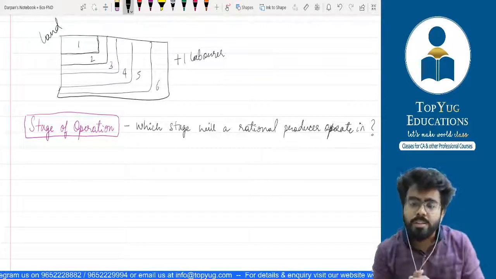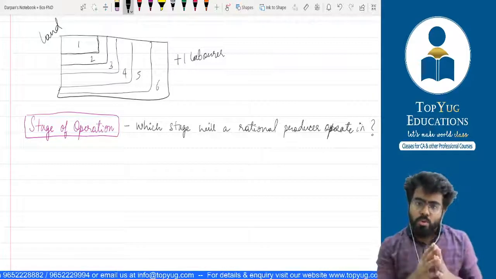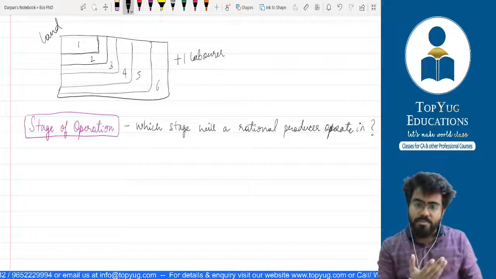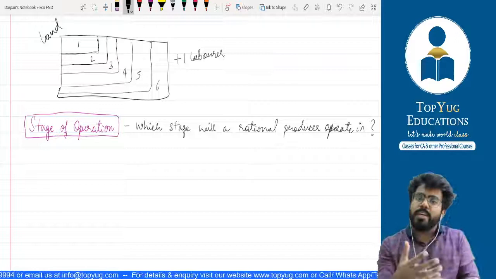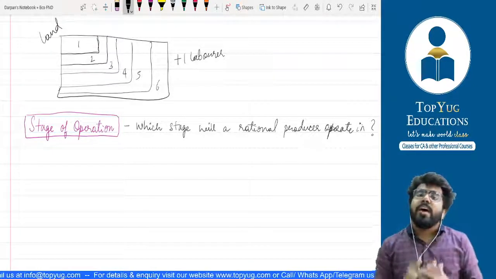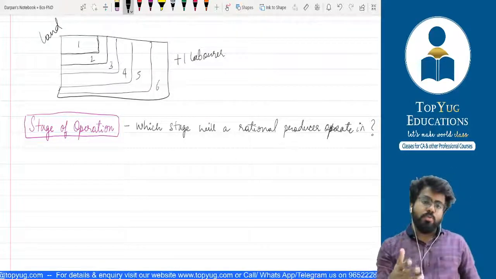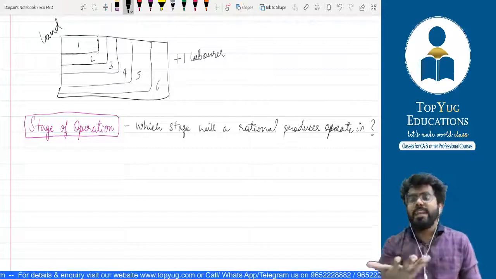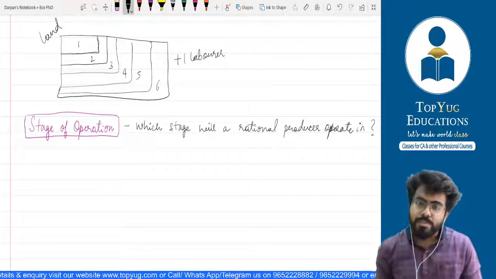What about stage 1? Will he be in stage 1 or stage 2? In stage 1, my fixed factors are not fully utilized, right? I'm still trying to fully utilize them. So will I stop there? No, I will not stop there. I will try to fully utilize them. So I will not stop at stage 1 because I'm still not fully utilizing the factors. What will be the optimum stage?